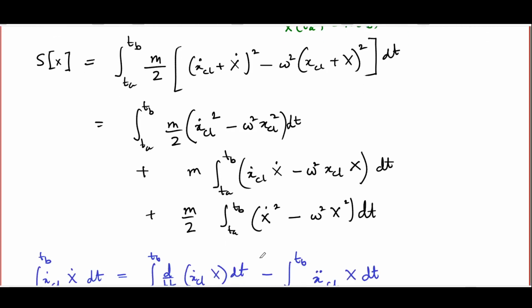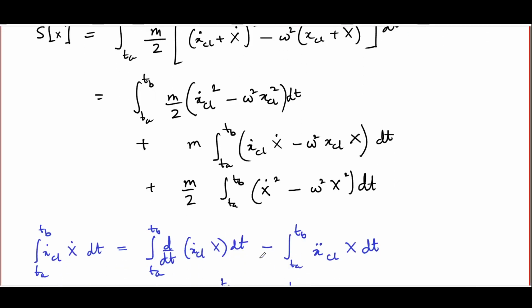Now, we have to check whether the cross term here vanishes as it did for the free particle. And to see that, what we need to do is take a look at this term once again, x dot classical capital X dot. We need to integrate that.